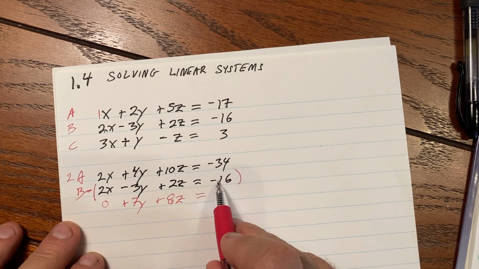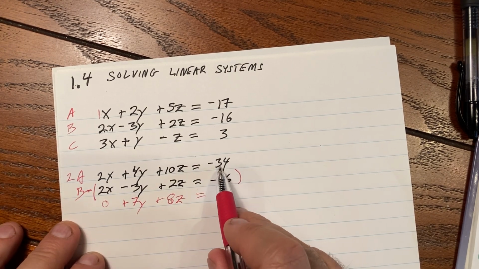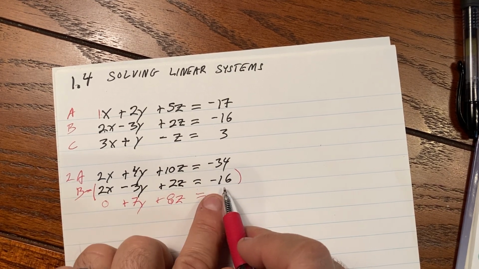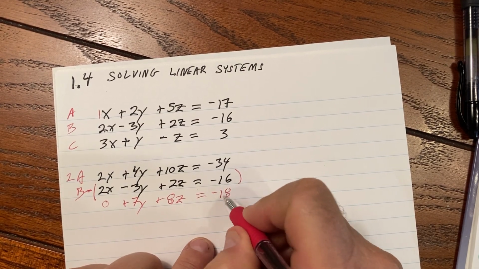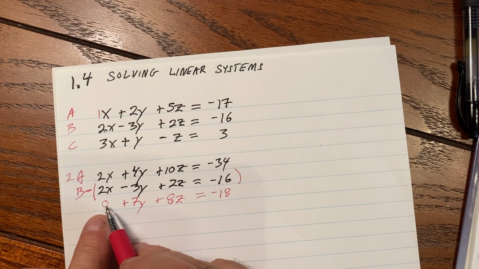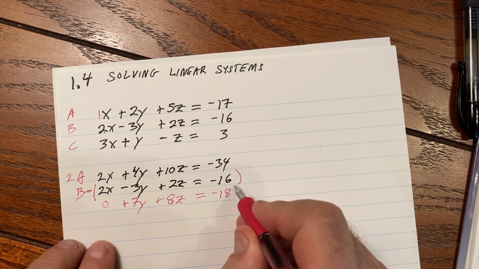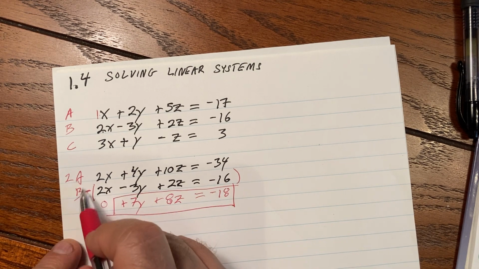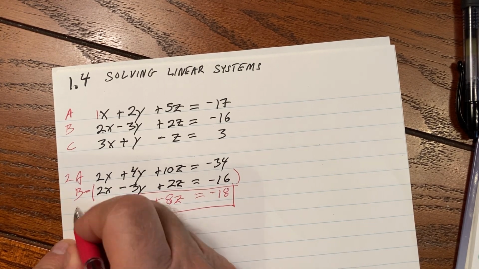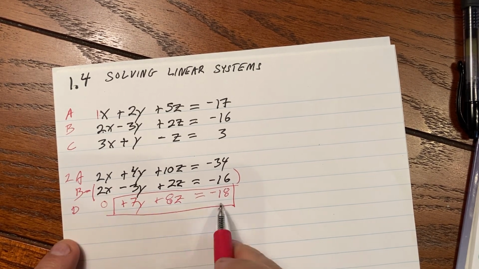This minus this, so it's negative 34 plus 16. And that's going to be a minus 18. Okay, so we just eliminated the letter x. We're going to use this a little bit later. I want to call it A, B, C, D. We don't have a D yet, so that's going to be equation D.